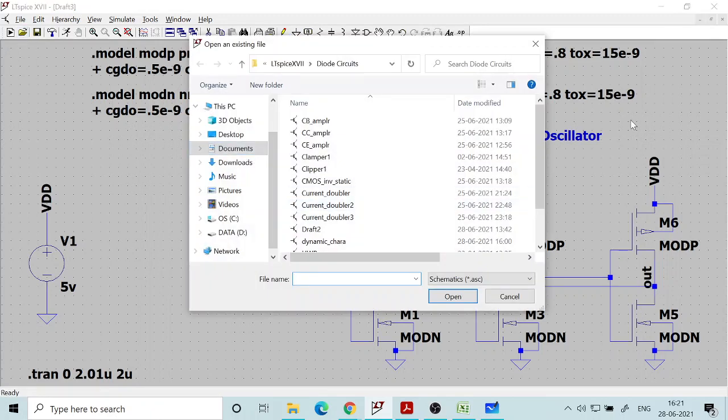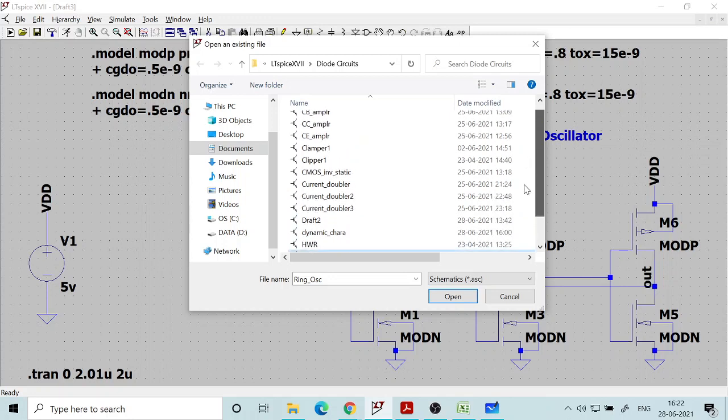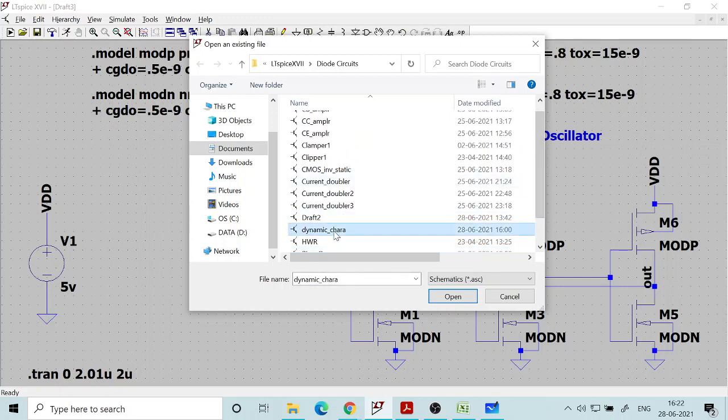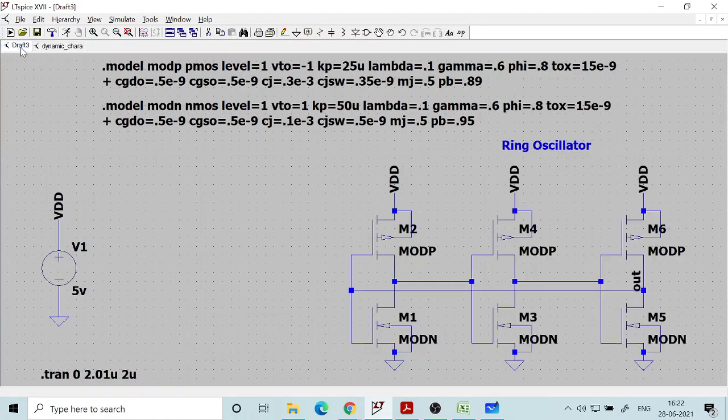Any doubts? This is different: dynamic characteristics. Any doubts?